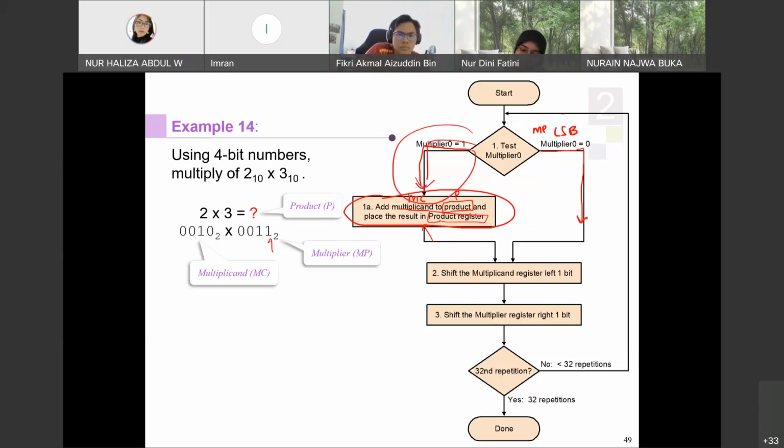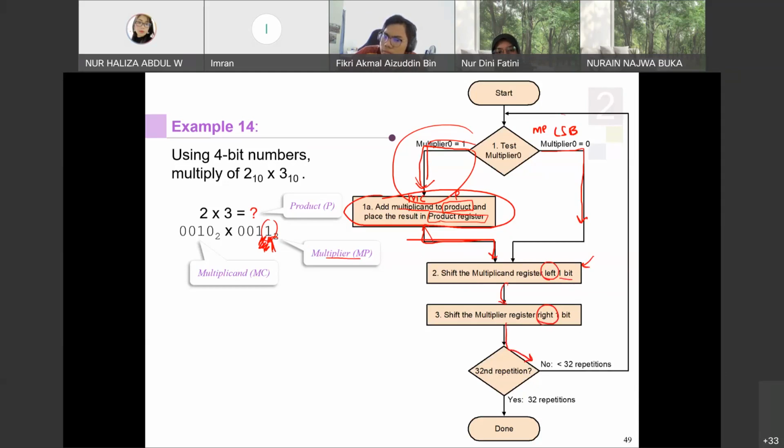We're going to do this 2 times. First time is going to be 0, because digit 0. Then we shift the MC to the left 1 bit. Okay, what does this mean? And then your multiplier, which is MP, shifts to the right.